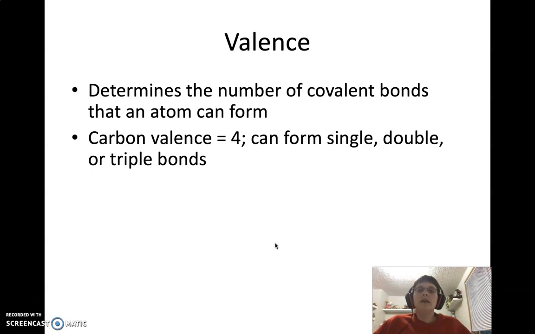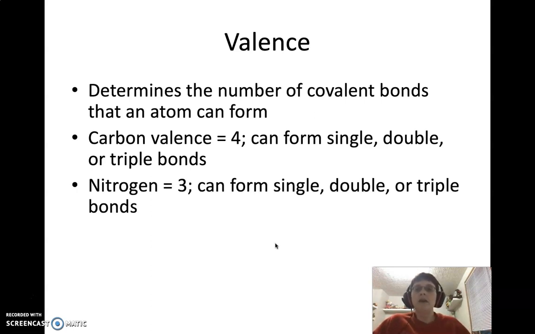That means that it can, as we've just seen, form single, double, or triple bonds, and it can do this in combination. So in a compound, it can have double and single bonds, or it can have a triple bond and single bonds, depending on what elements it is combining with.